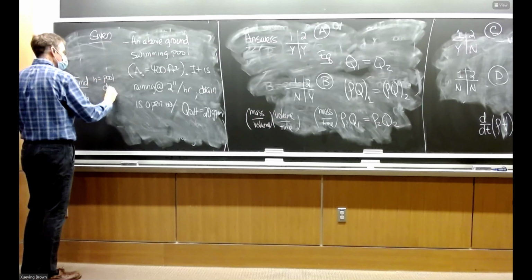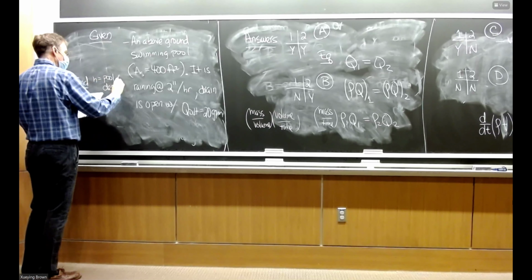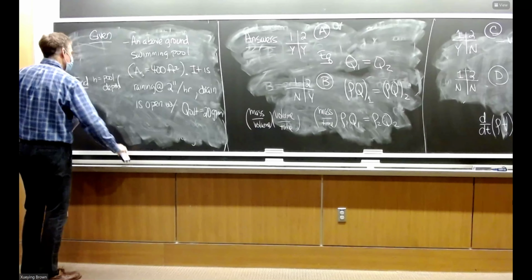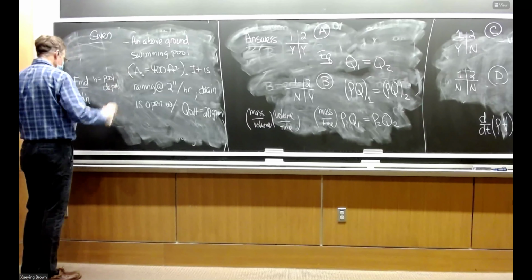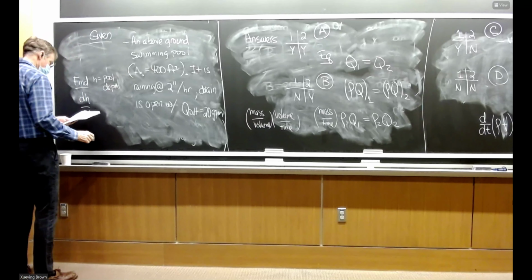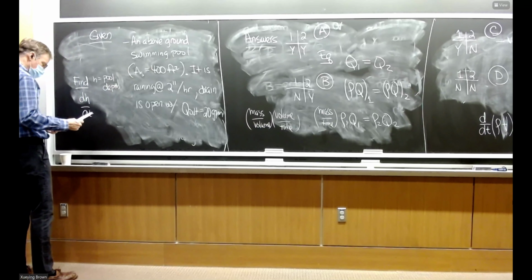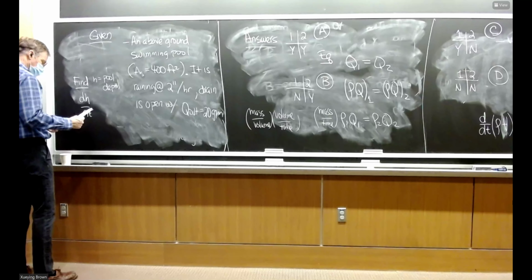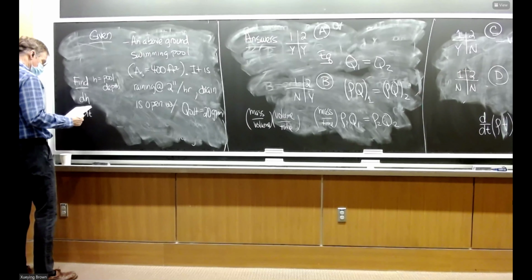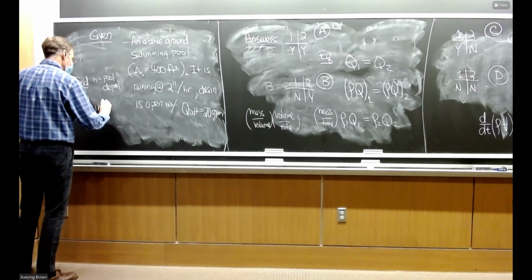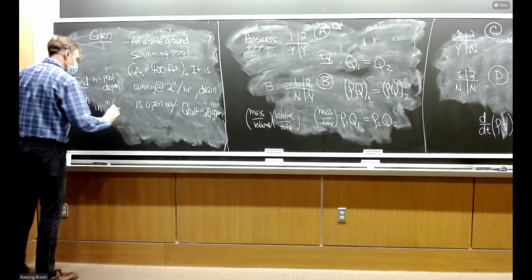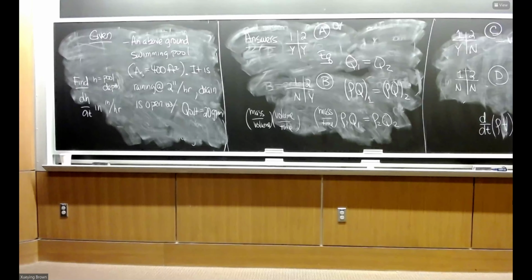If H is the depth of water in the pool, which I guess we'll do in inches, because I want to find dH/dt in inches per hour. Okay, clearly there will be some unit conversions to do along the way.